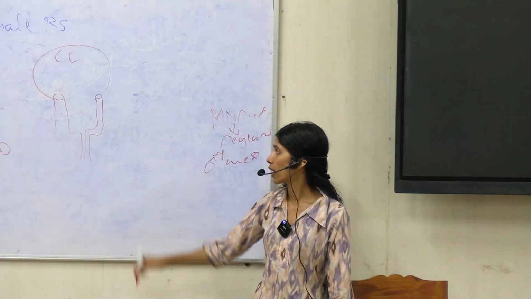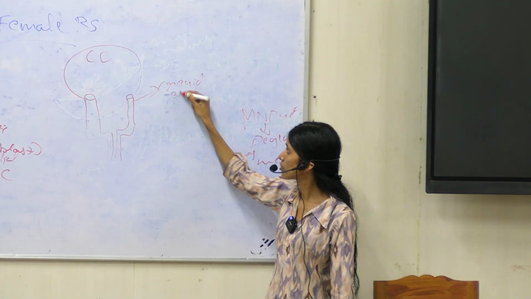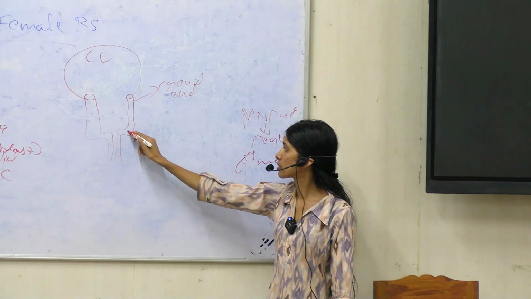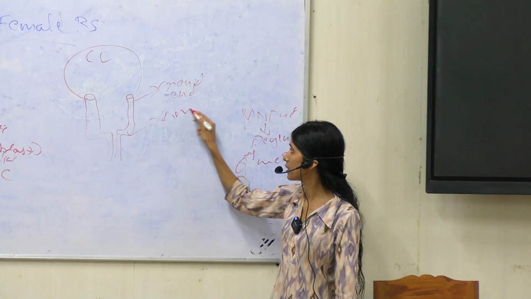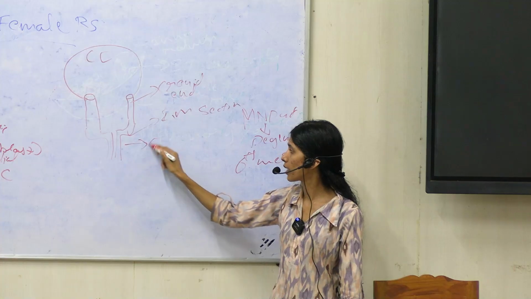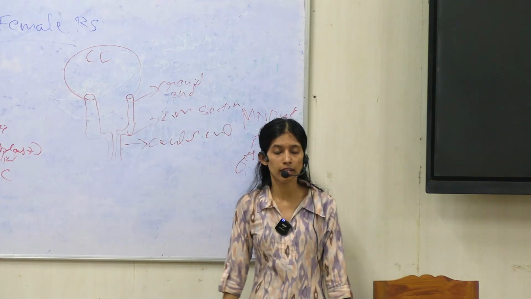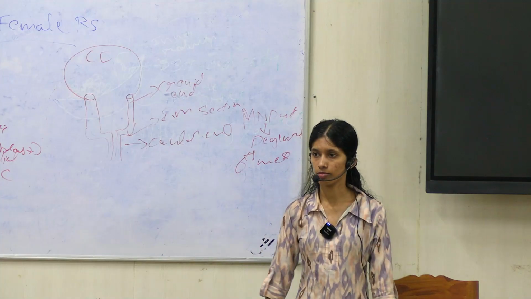Okay. And this is called as cranial end, and this is called as intermediate section, and this part is called as caudal end of the paramesonephric duct.